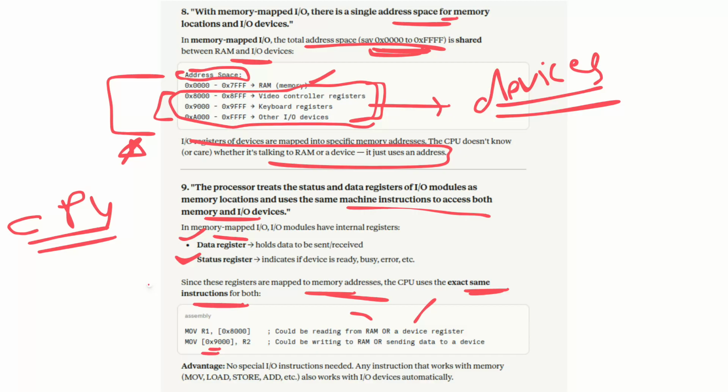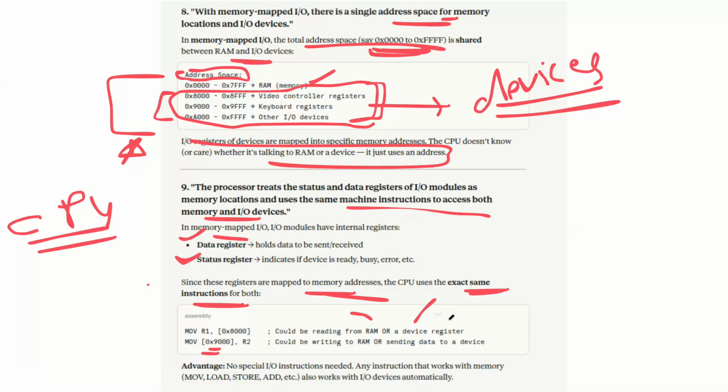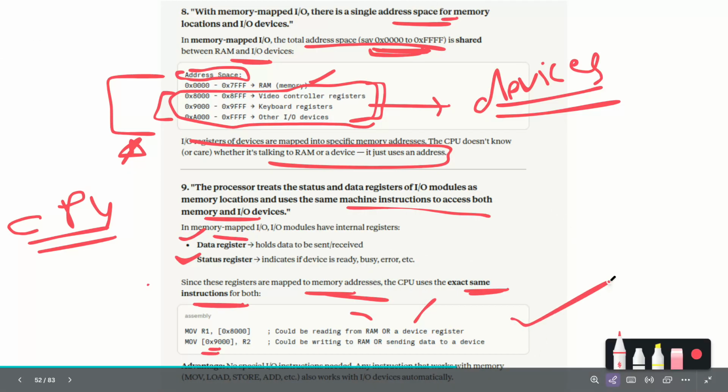So for IO we don't need special IO instructions. Instructions like move, load, store are not IO instructions, they are instructions that work with memory. In memory mapped IO, these instructions can also work with IO devices.